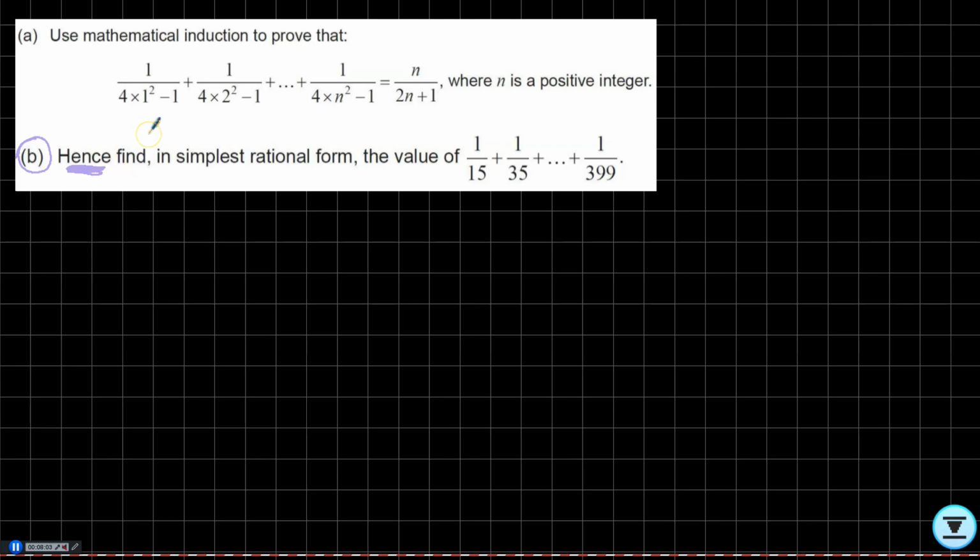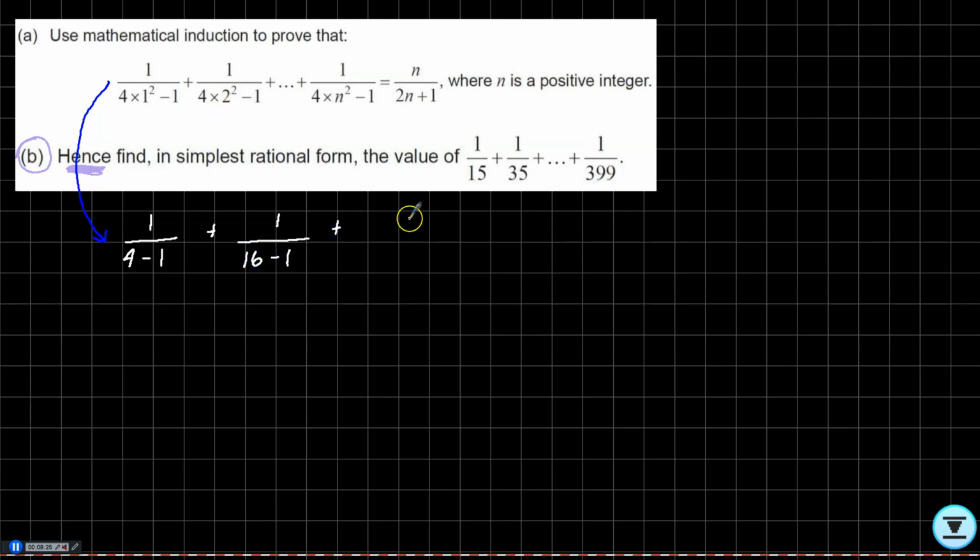So if I was to actually work out this bit here, I've got 1 over 4 times 1 squared is 4. Take 1. Plus 1 over 4 times 2 squared is 4, 4 fours are 16. Take 1.